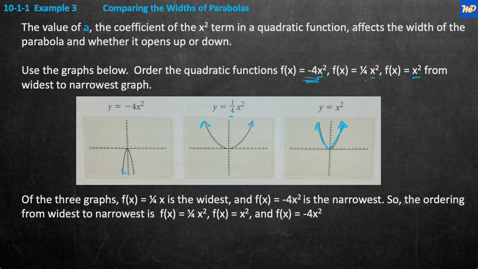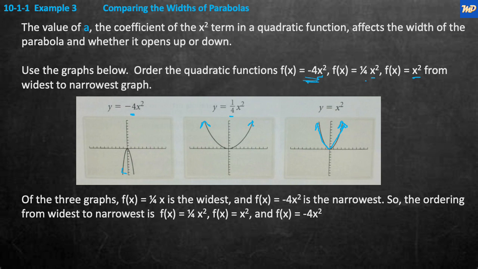Okay, so you have the negative terms making it open up or down, negative or positive, and whether the coefficient is greater than 1 makes it skinnier. If it's less than 1, makes it fatter. And that's all based on what a standard parabola would look like, which is where a is 1.